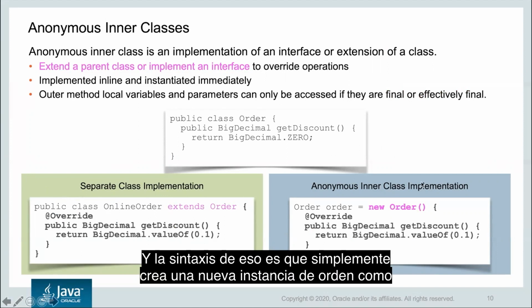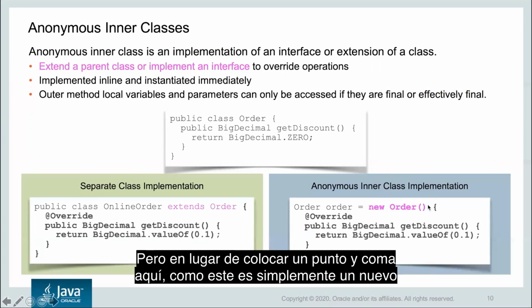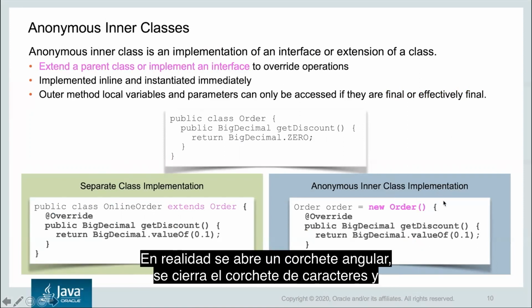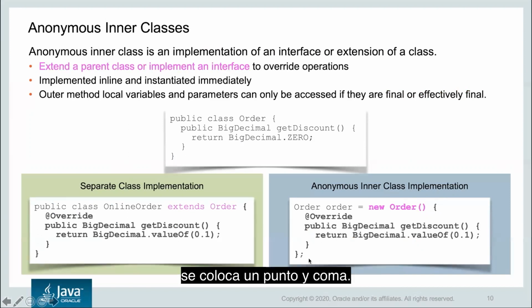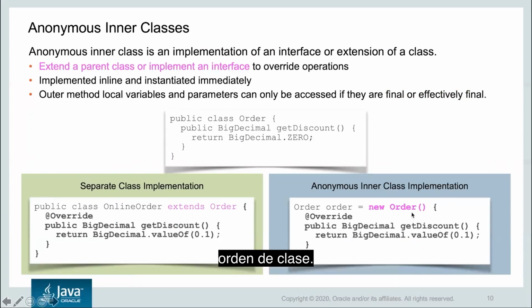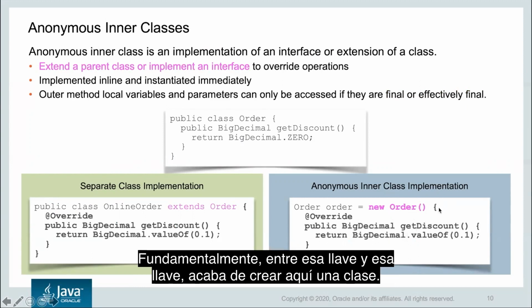The syntax is that you just create a new instance of Order, like usual. But instead of putting a semicolon right after new Order, you open a curly bracket, close the curly bracket, and then put a semicolon. And in between these curly brackets, you override whatever methods you like of that class Order. Essentially, between those curly brackets, you just created a class.